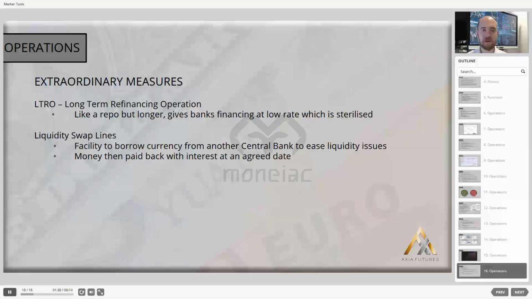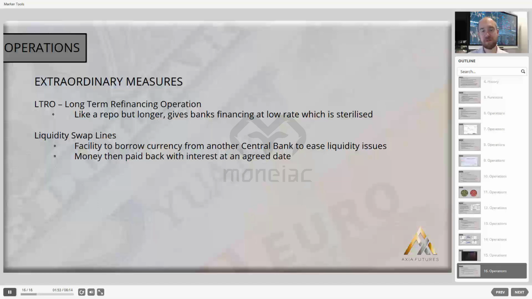Next up, liquidity swap lines. These are done between two central banks. Now the idea is that a central bank can borrow from another central bank a certain amount of their currency. So this could be needed if there's liquidity problems in, say, the UK, in terms of UK banks are struggling with dollar funding.